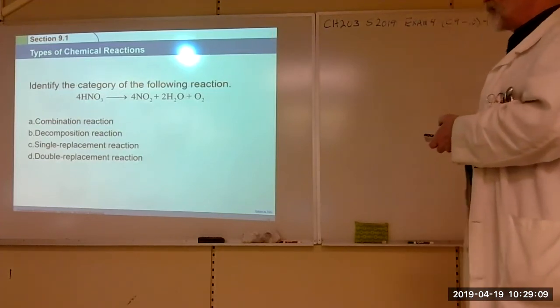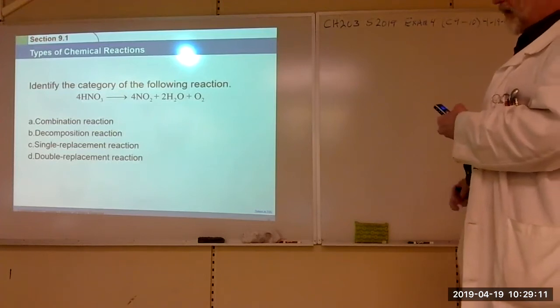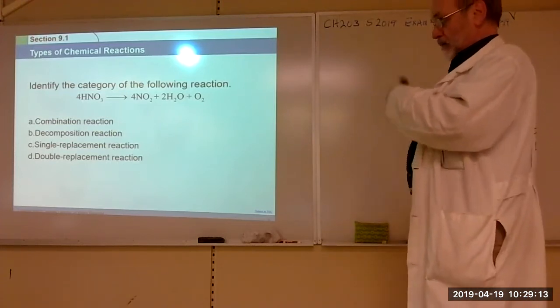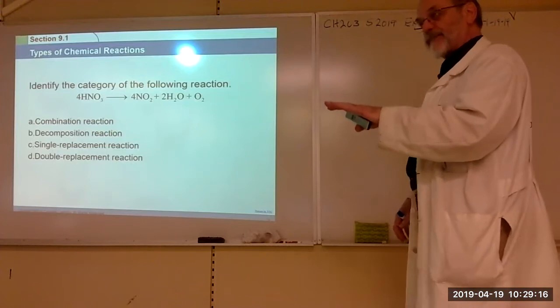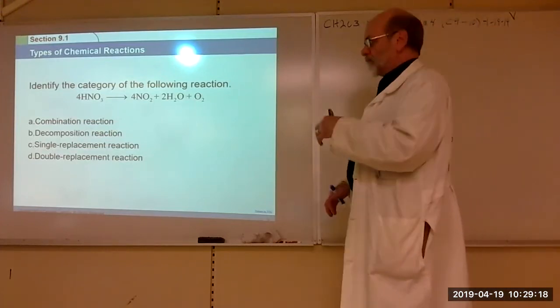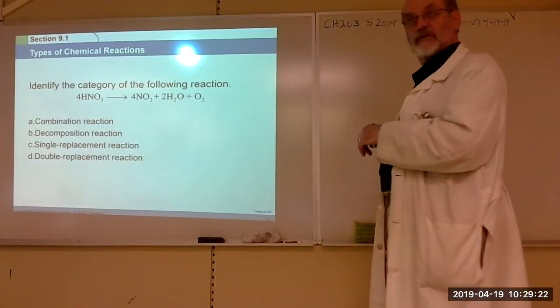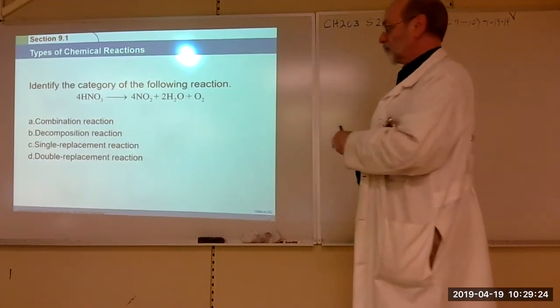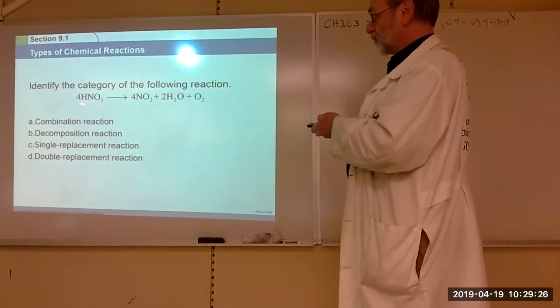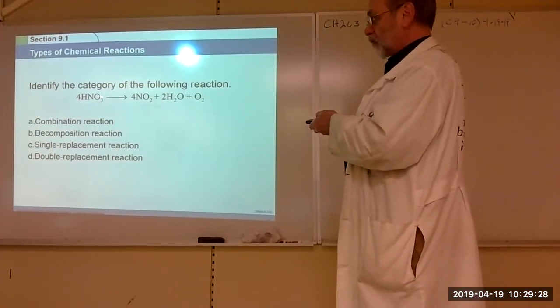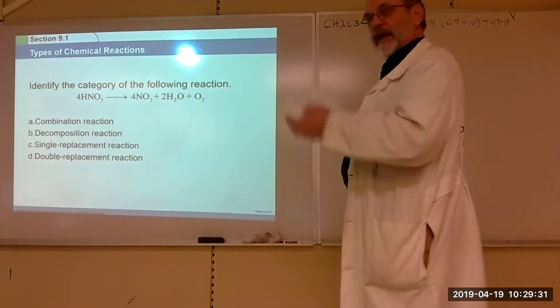So let's see if we can identify the categories, and then as we go through these examples, we may see multiple categories that can be applied to a reaction. All right, we have this one, HNO3, so it's nitric acid.